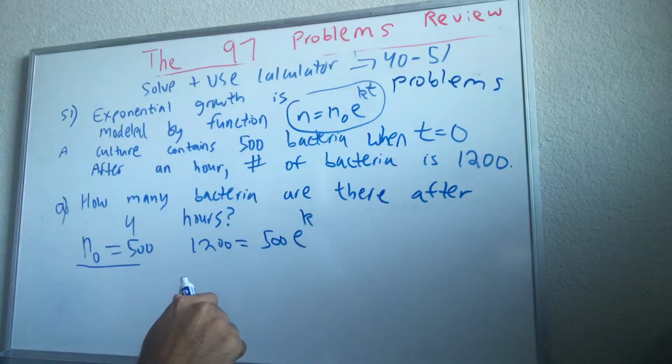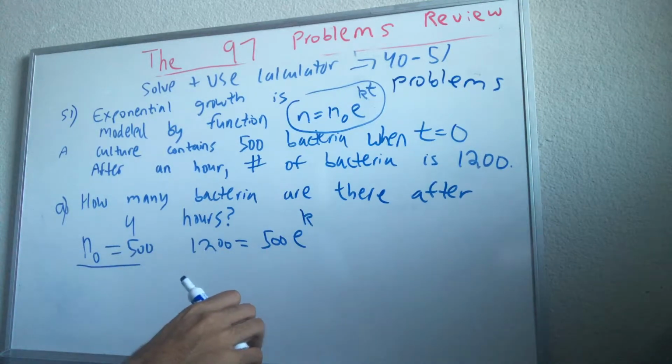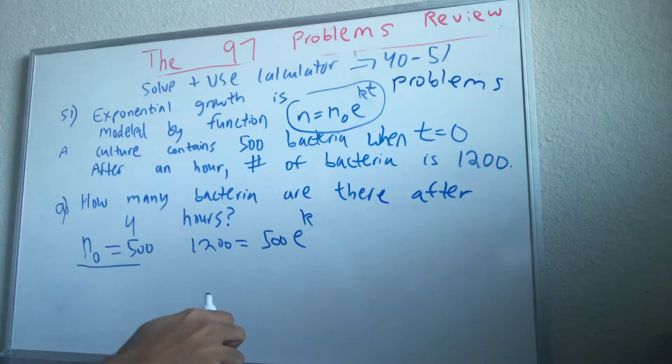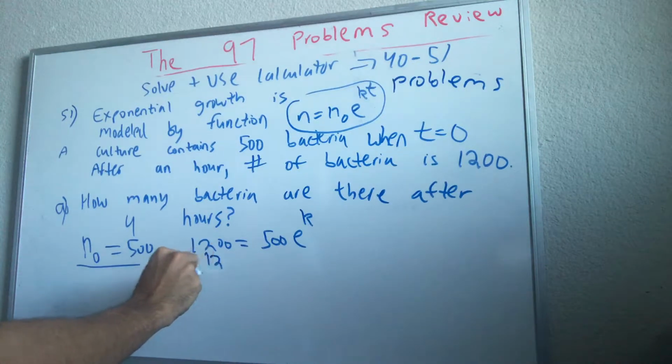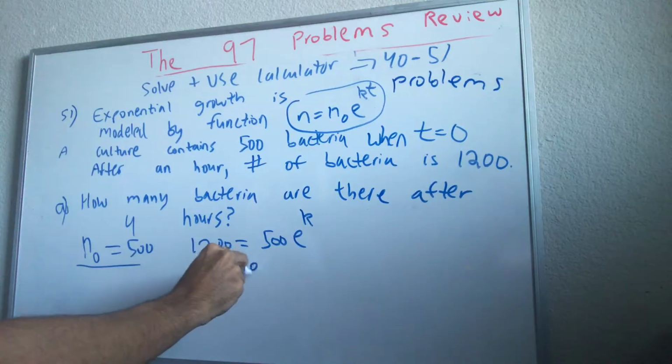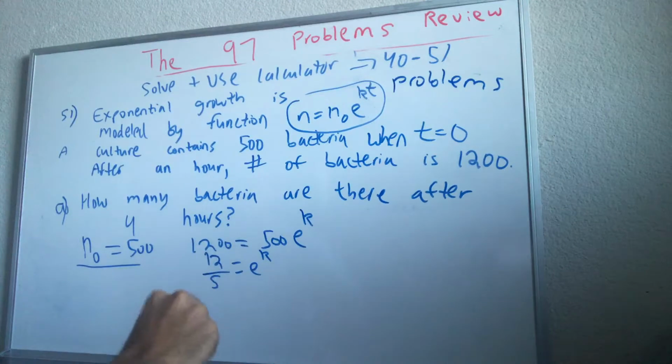Thinking about this further, we have all the given information that we need to determine the value of the constant k. Dividing both sides by 500, we get 12 over 5 is equal to e to the power of k.